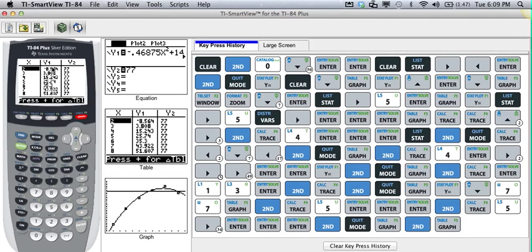Depending on how you set up your table of values, you may or may not be able to see what we were looking for. Remember, we were trying to find where y1 is equal to 77. It's somewhere in between 14 and 15. So it's not as exact as the first method, which I showed you with the intersecting lines.